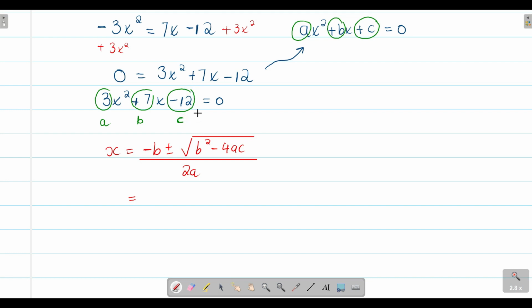Do you guys already see why it is necessary for us to use the quadratic formula in this case? If you wanted to factorize this equation using the normal methods that you've learned throughout the 3 weeks that you've been in school this term, of opening two brackets and trying to find the factors of 12 that multiply together to give me 4, but if I subtract them give me 7.